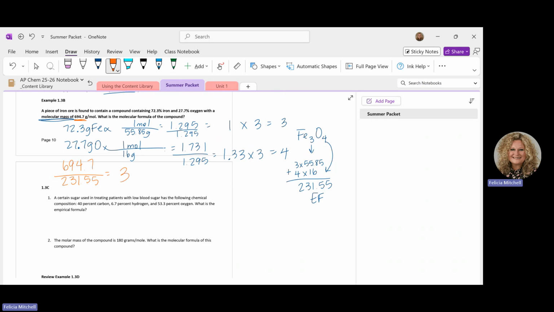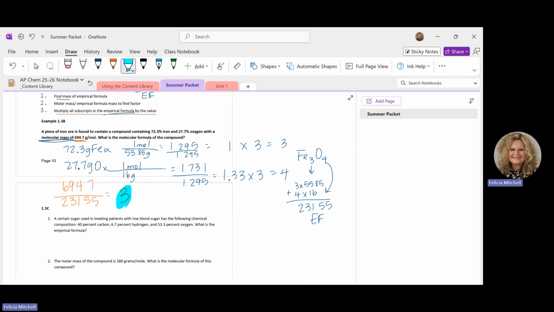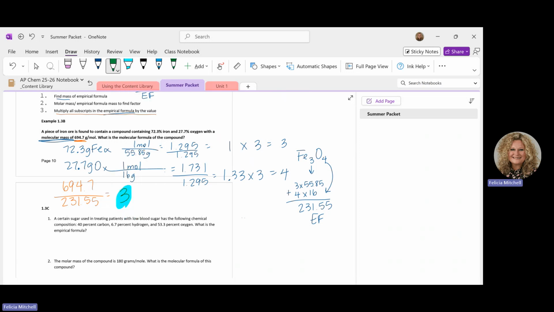So that means I have to go back up here, and it tells you that you multiply all of the subscripts in the empirical formula by that value of 3, the ratio that compares the molecular mass to the empirical formula mass. So I'm going to say Fe9O12. Multiply this times 3 and that times 3, the 3 and the 4 right here. And that then answers the question of what the actual compound was, its actual molecular formula.